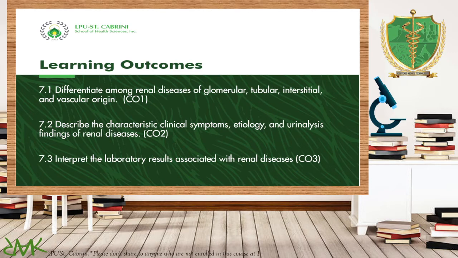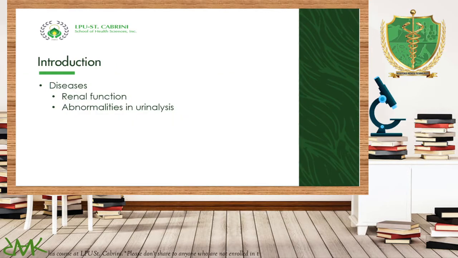Describe the characteristic clinical symptoms, etiology, and urinalysis findings of renal diseases, and of course, to interpret the laboratory results associated with renal diseases. Alright, so let's have our discussion.